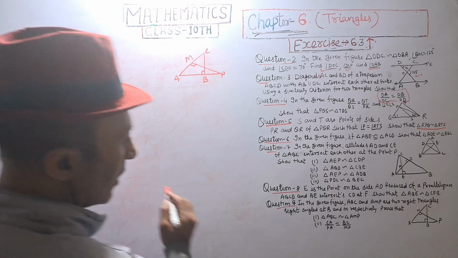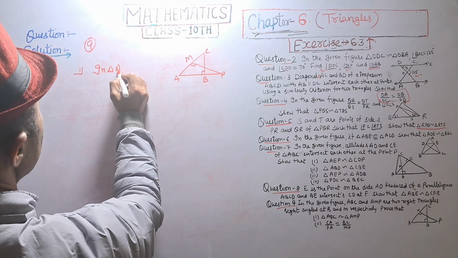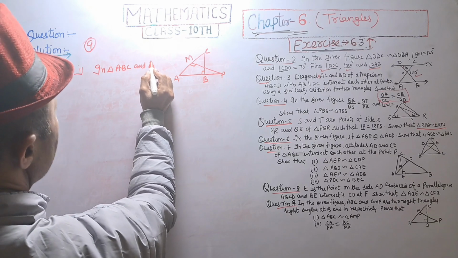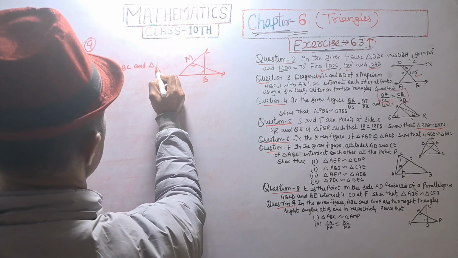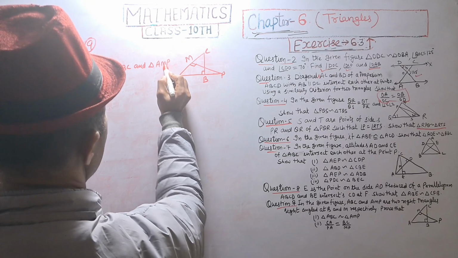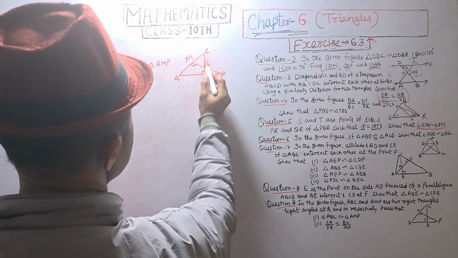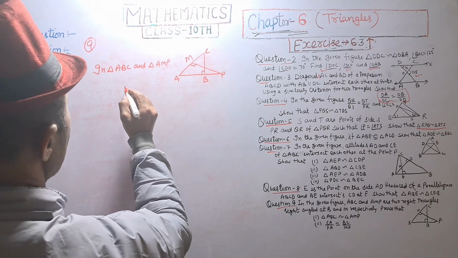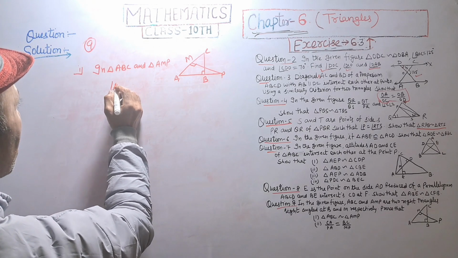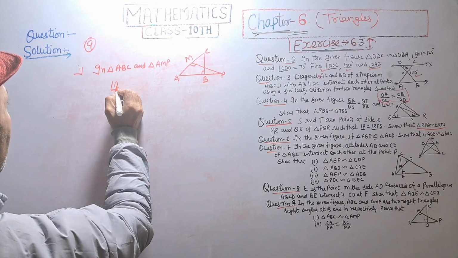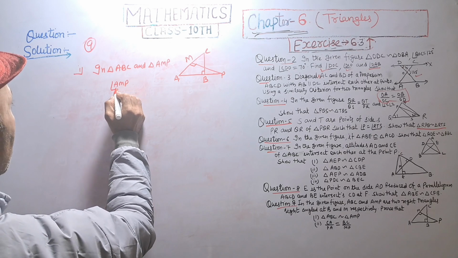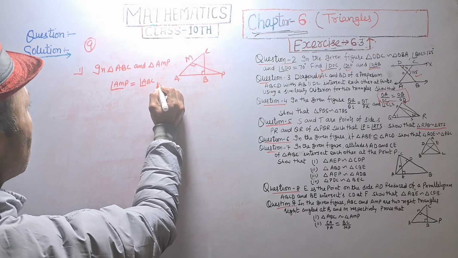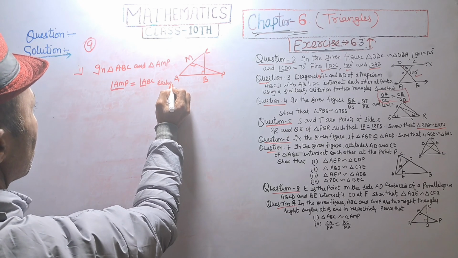In triangle ABC and triangle AMP, angle AMP is equal to angle ABC, 90 degrees.